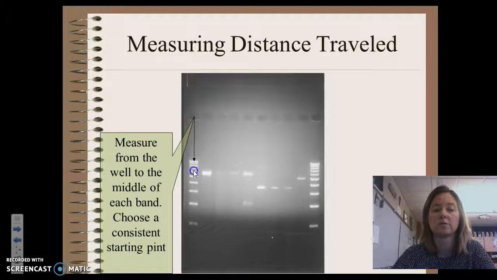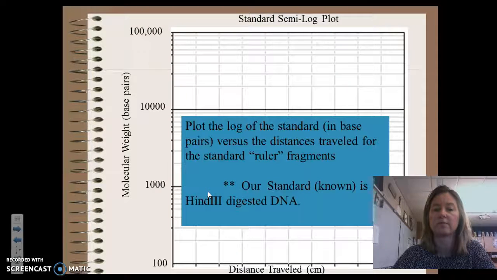Okay, so this is the first band, then the second, then the third, and you're going to continue on in that fashion, recording your data in your data table as to the distance that each of the bands traveled. Then you will move over to the next well and continue in that fashion as well. Again, same location, either from the top of the well or the bottom of the well to the middle of each of the bands. Okay, recording that information in your data table.